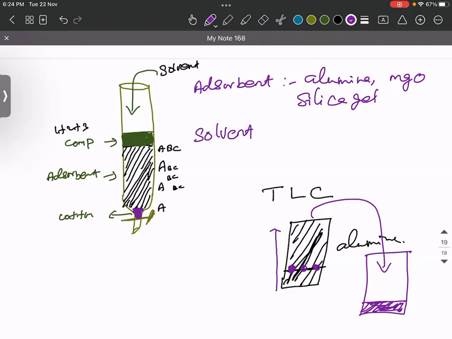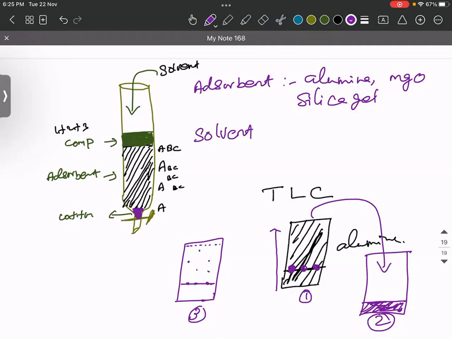So after immersing in the solvent, the first one you are putting, the second, then third, you are keeping spots over here, so it will come like this, like this. So up to this distance the solvent has traveled. Okay, so you may have spots like this.